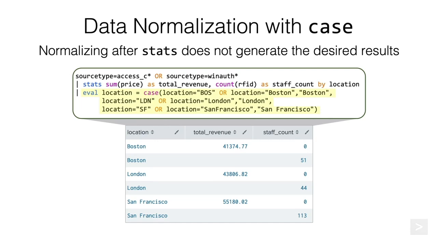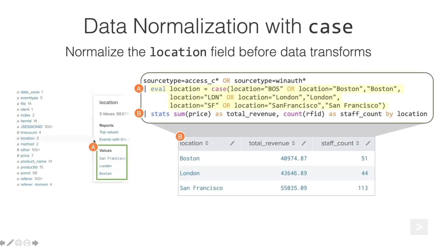Normalizing after transformation and calculation of statistics won't necessarily generate our expected desired results because we are transforming these fields within the stats command and grouping by location. So before we even use that location field, we'd like to normalize its values first, which is why we are preceding the stats command with the eval command.